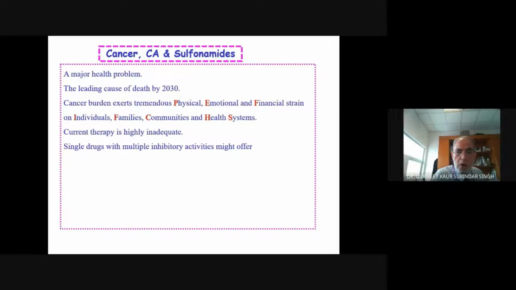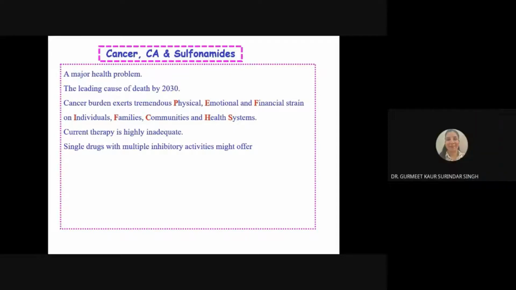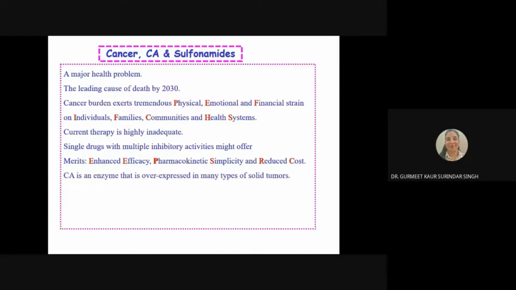Using a single drug benefits from reduced cost, pharmacokinetic simplicity, and enhanced efficacy. But using multiple drugs has some drawbacks, such as complicated side effects, but it also allows targeting many targets, and so could be efficient, but it needs to be studied to see the merits of each path.